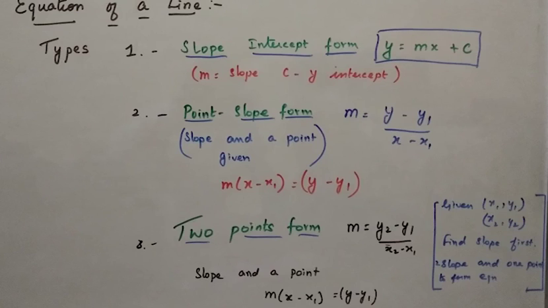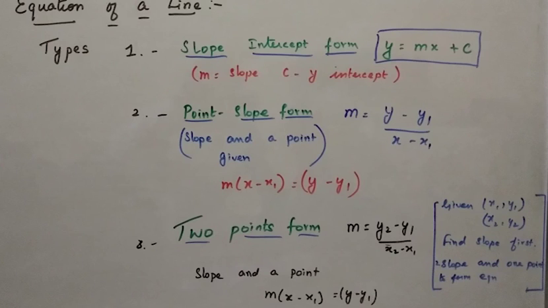Second one, point slope form. In this, slope will be given and one point will be given, coordinates x1, y1. So, m is equal to y minus y1 upon x minus x1.